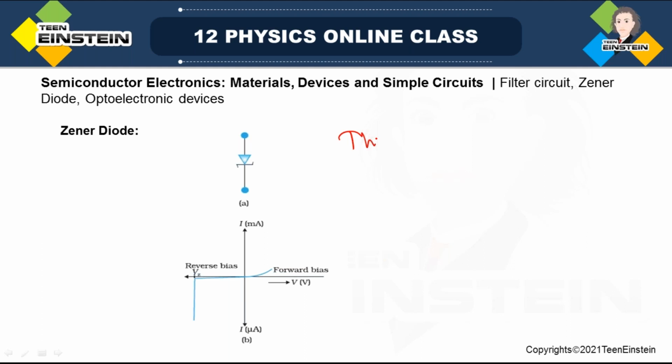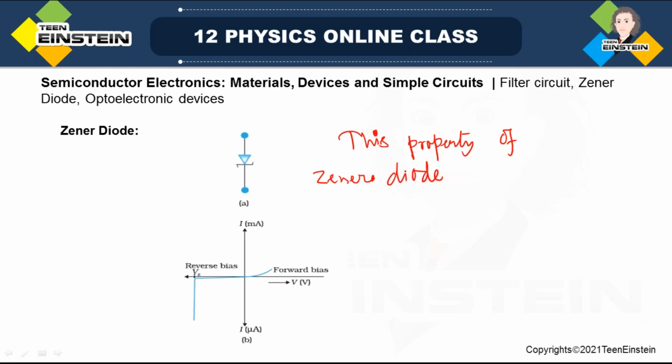So this property of the Zener diode, which property? That the voltage does not change, but there is a huge change in the current.